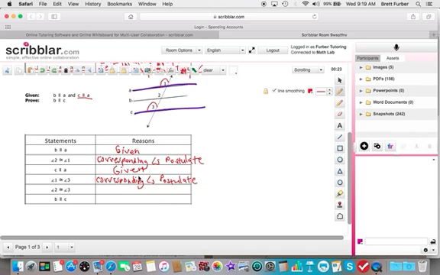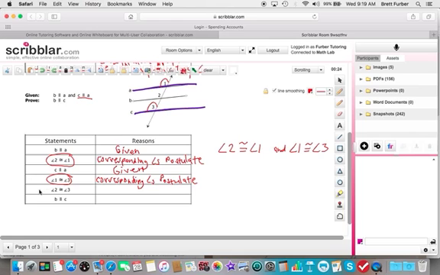Now for the easy part. I want you to look at this statement here and this statement here. I'm going to write them off to the side because it'll be easy to see this if I write it this way. Here's what it says: angle 2 is congruent to angle 1, and angle 1 is congruent to angle 3.